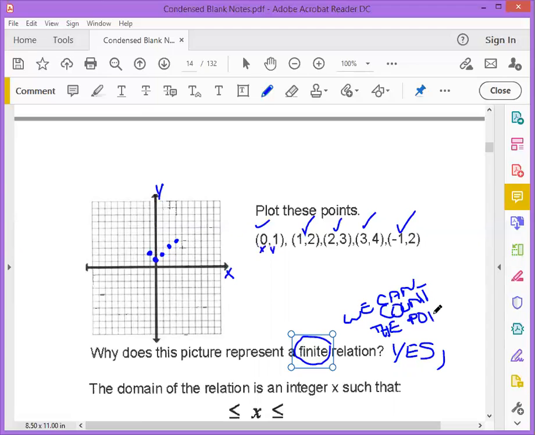So we can count these points, making this a finite relationship. There's a stopping point that we can see.